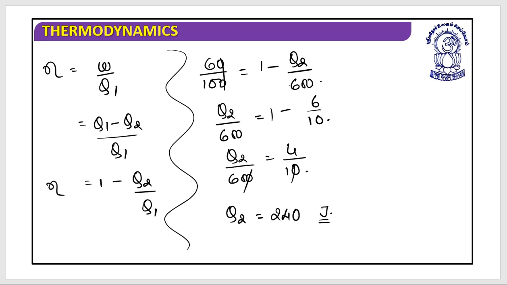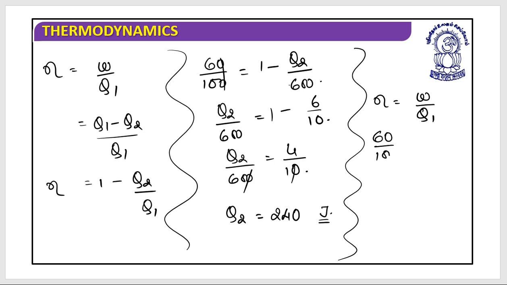I hope this is clear. This is the Q2, which equals 240 joule. Now what else do I want? The work done. Efficiency equals work done by Q1. Efficiency is 60 by 100, Q1 is 600, so work done equals 360 joule.